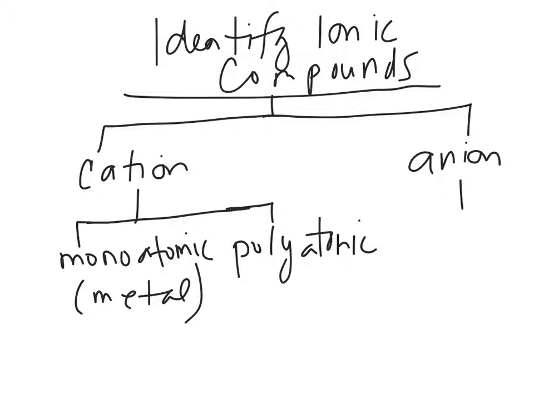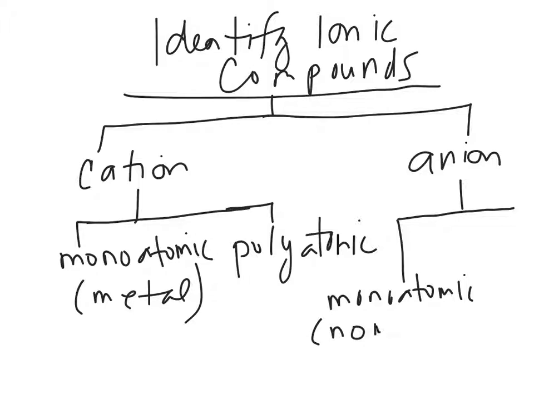You want to identify anions in much the same way. Your anion can be monoatomic, so consisting of one atom. And if it is, that anion must be a non-metal. Metals never form anions. They only form cations.